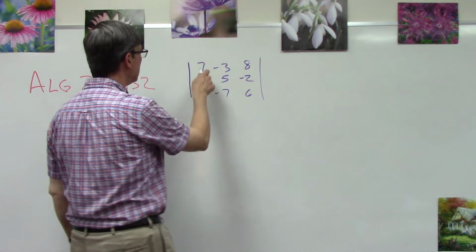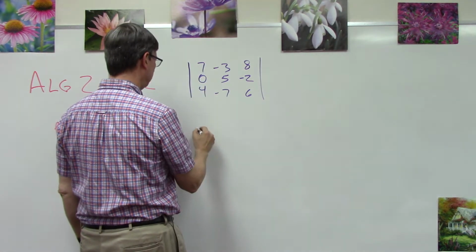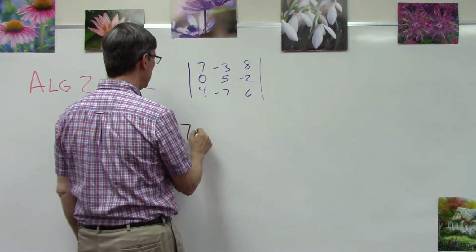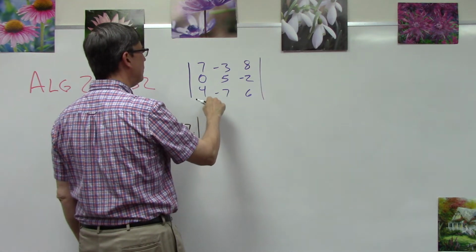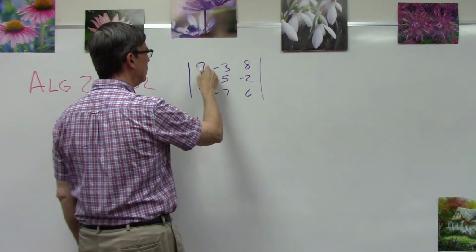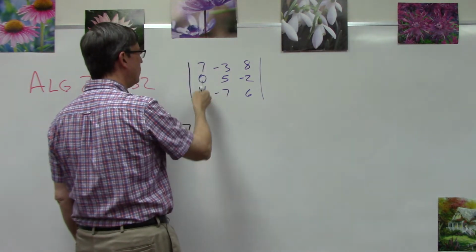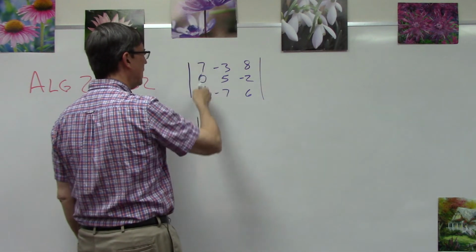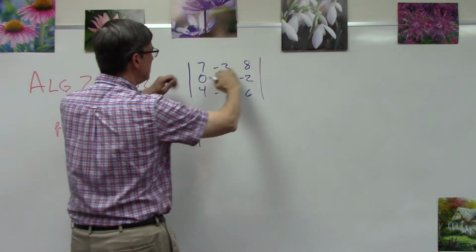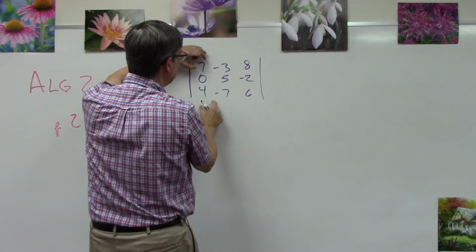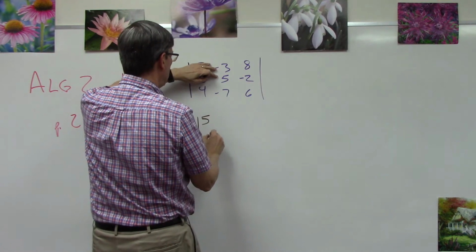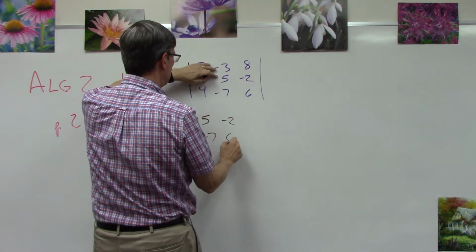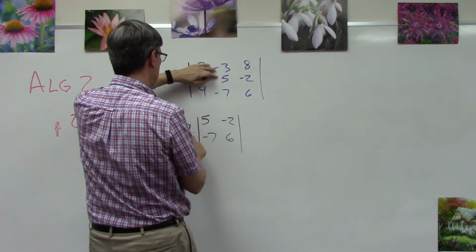We're going to take 7, and we're going to multiply that times the determinant of the 4 that do not include 7 in either that row or that column. So imagine, because 7's there, I'm blocking this out and I'm blocking this out. What's left? This right here, okay? So 5, -7, -2, 6.